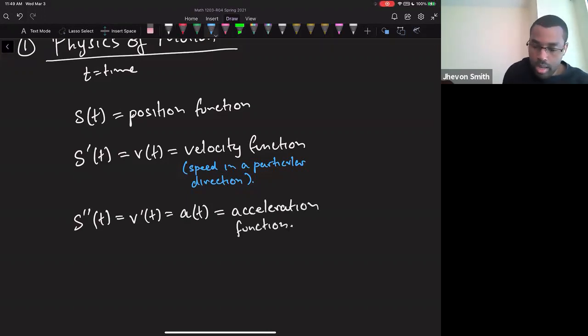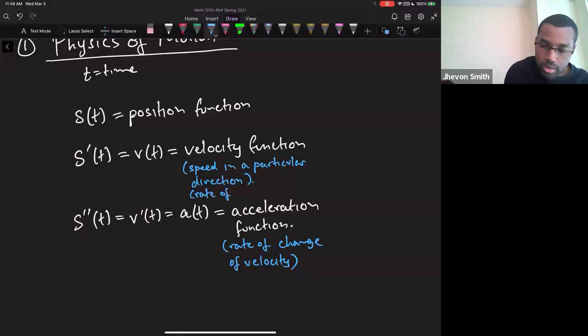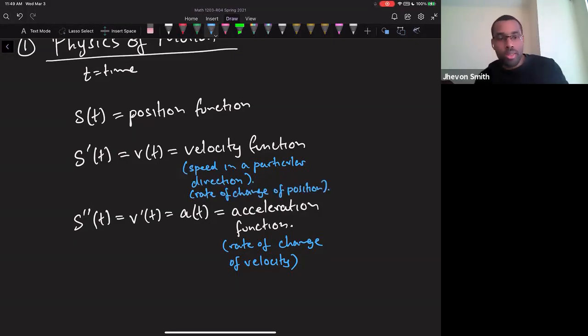And this is the rate of change of velocity. This guy, by the way, is the rate of change of position. Right? So using derivatives, we can answer different questions.